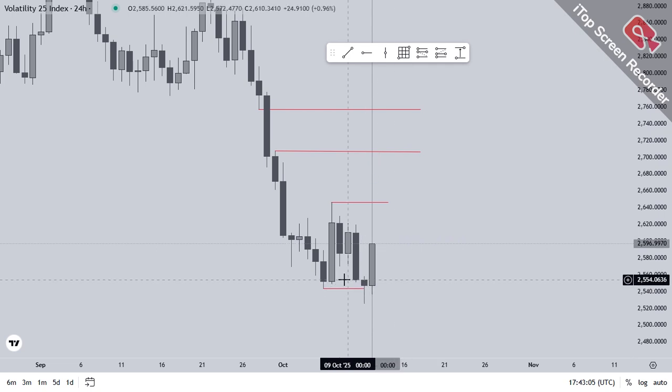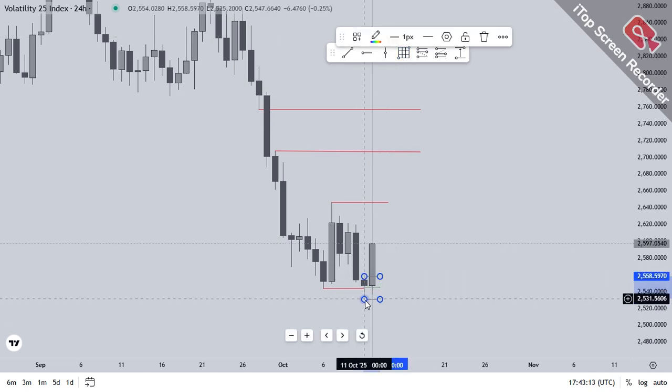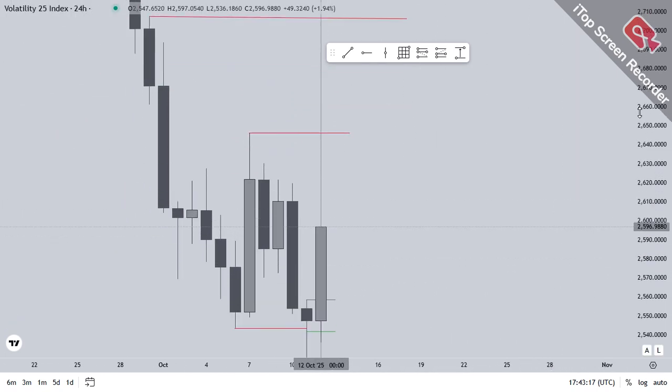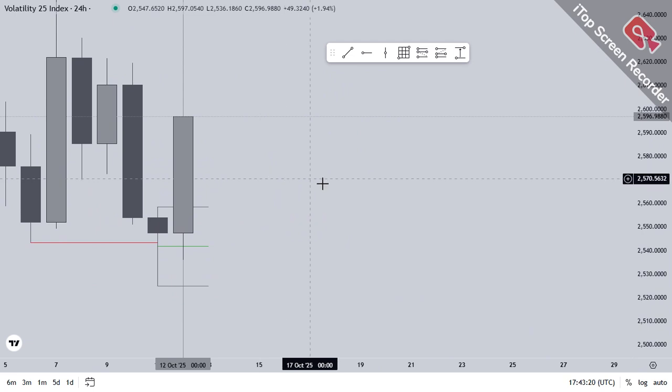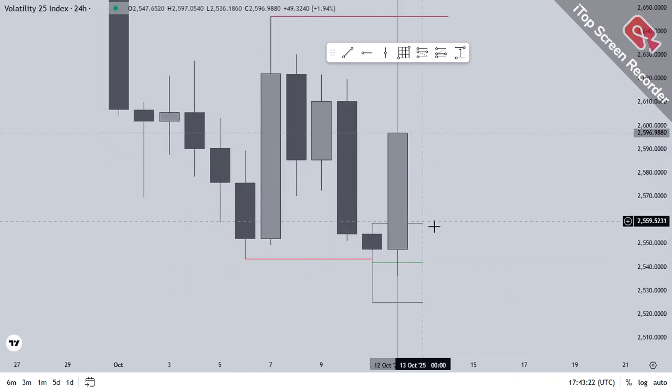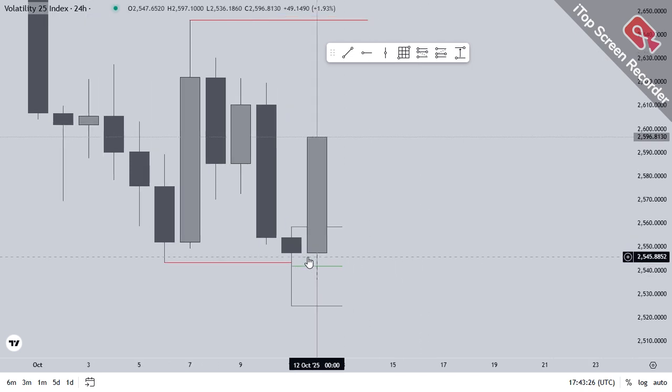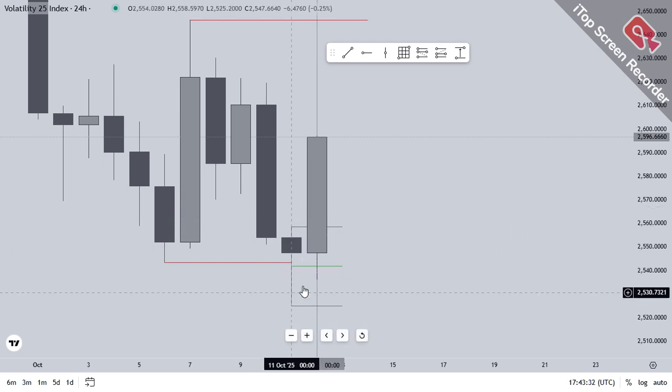So to do that, I have to measure the range of yesterday's price action or yesterday's candle. So I have this as my range, just like this. So you can see that we have the opening price here, and then we came down to the 50% of this entire yesterday's range, right?